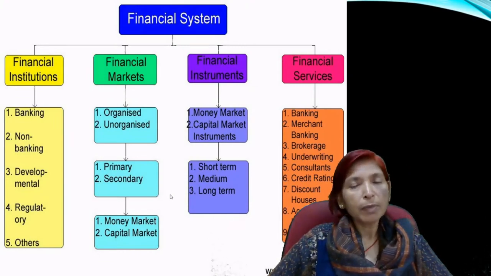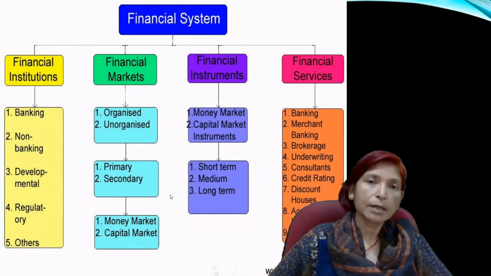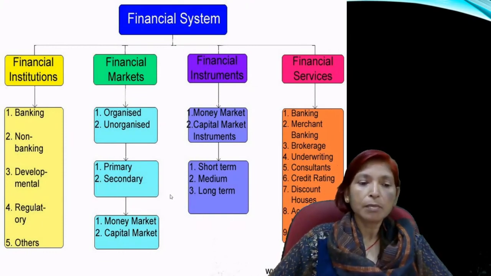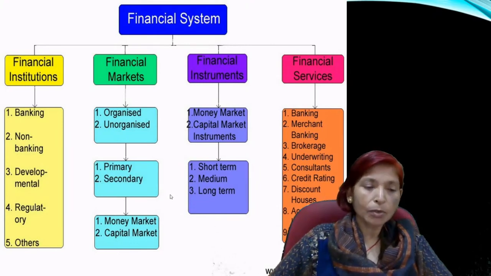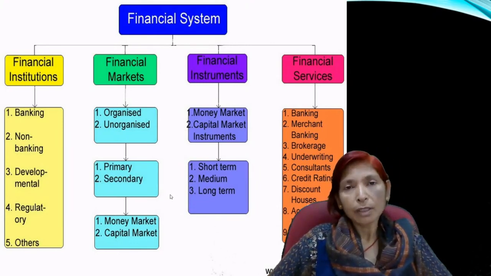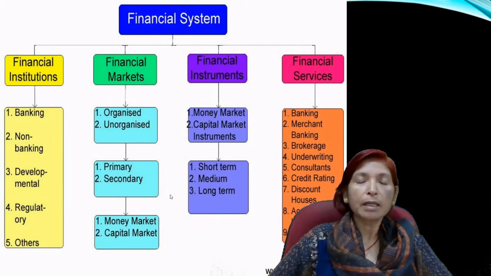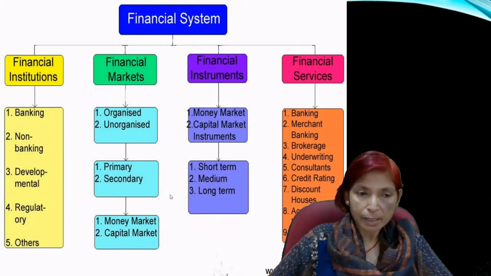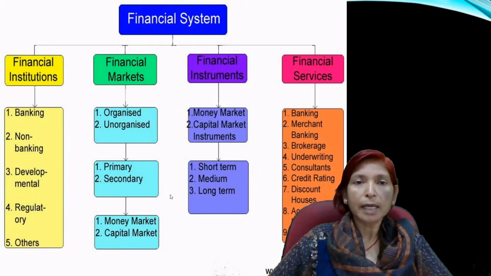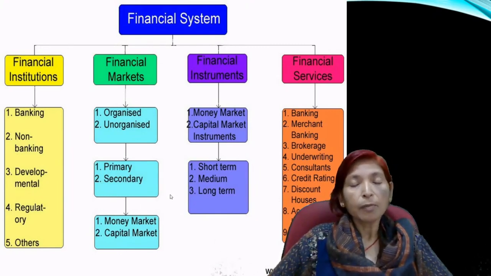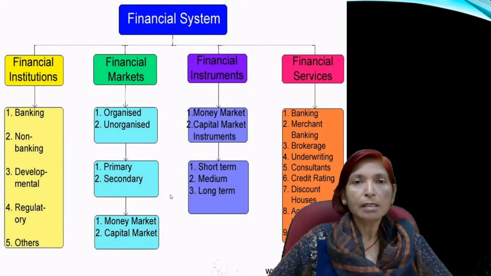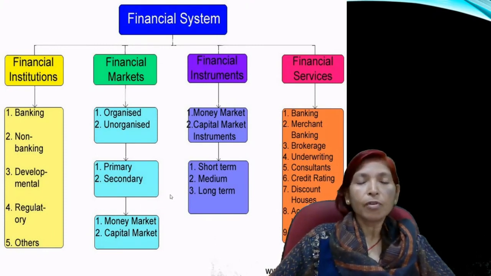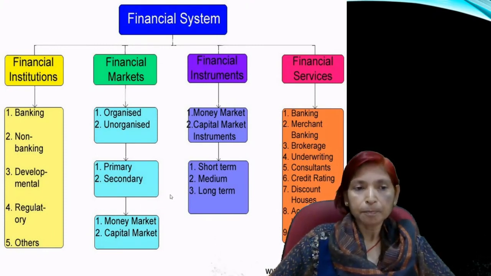A financial market may be primary, may be secondary. A financial market may be a money market or a capital market. You know, the money market deals with shorter time period funds, and the capital market deals with long time period funds. The primary market is that market which mainly performs the work of providing financial facilities, and the secondary is the other form of financial market.